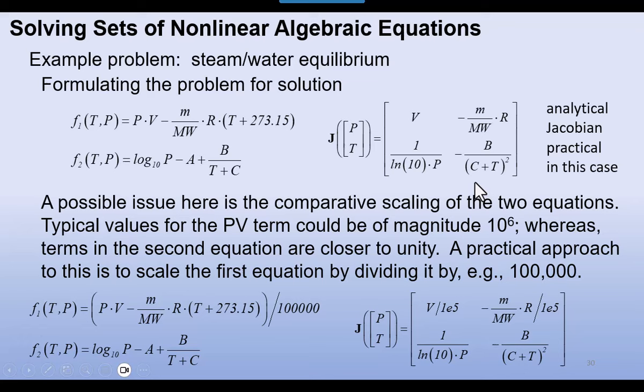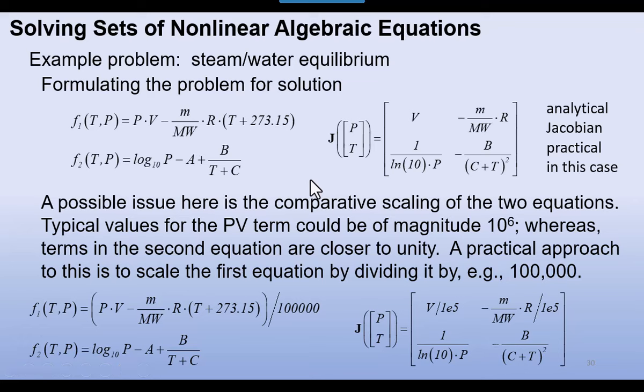Maybe a little bit painful, but the first one is pretty easy. The partial with respect to P is V. The partial with respect to T is minus m over MW times R. And then we can get the partial of these equations in terms of P here and in terms of T here. So we can do that analytically.